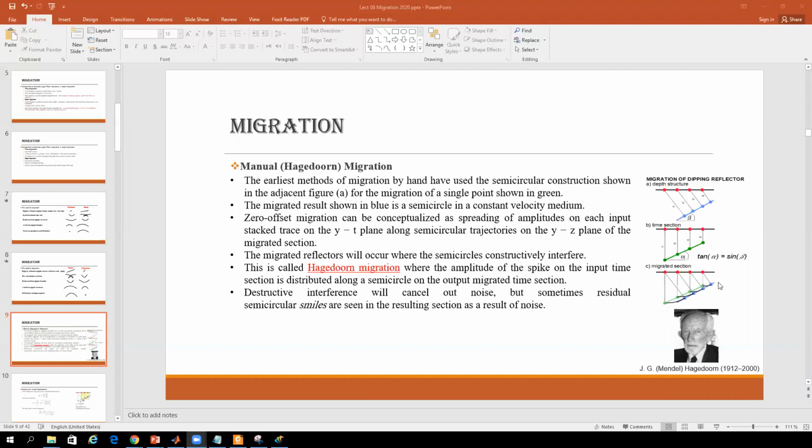So by drawing a semicircle at every point on this event, and tracking the line which will be produced by the constructive interference of these semicircles, we will end up with the migrated event. So this one is before migration and this one is after migration.